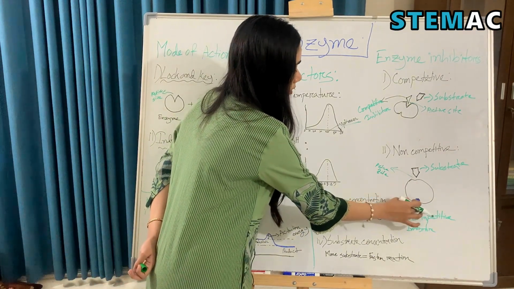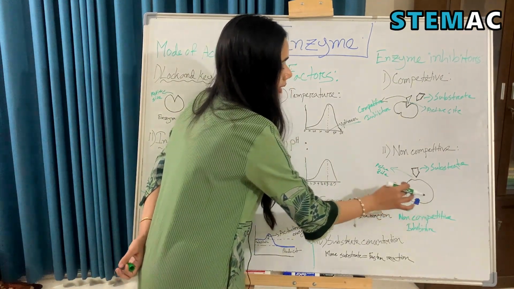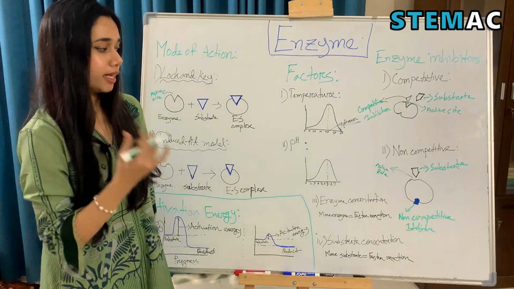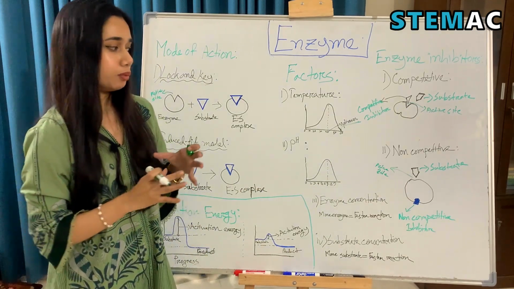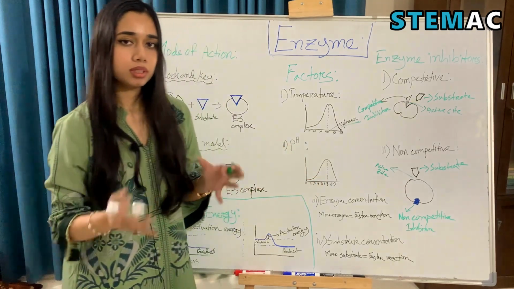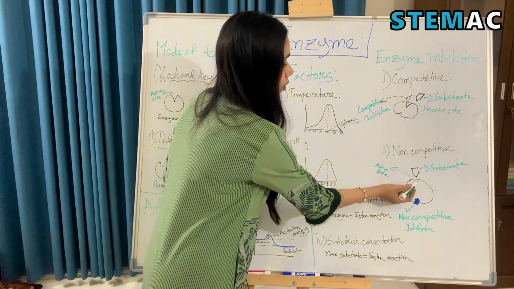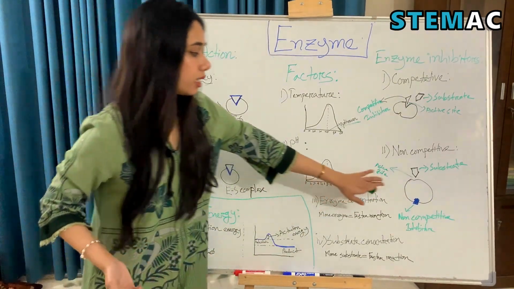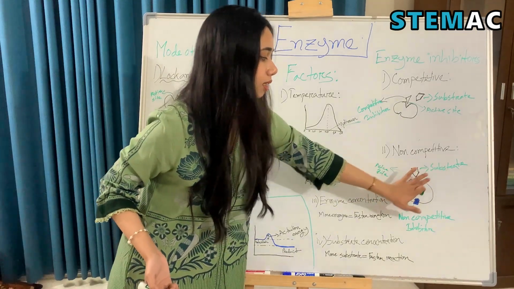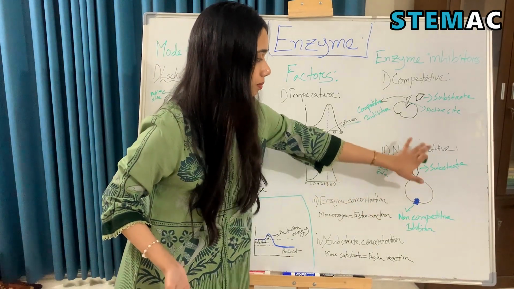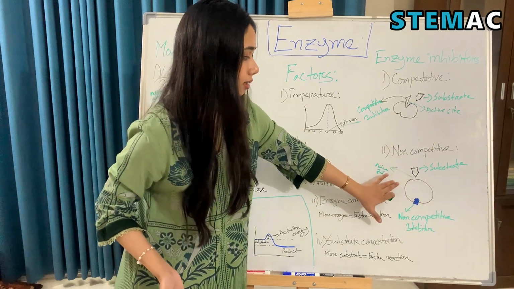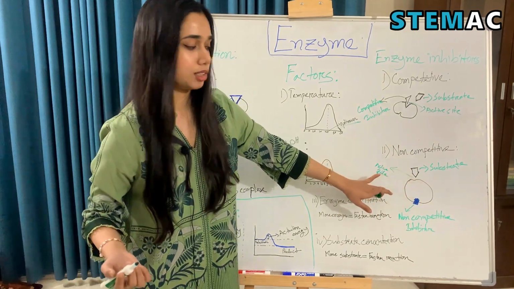Because of this, they can affect the bonds that hold the shape of an enzyme, and with that, the enzyme will lose its shape and the active site will also change. So when the active site is changed, the substrate can no longer bind to it, right? And with this method, they can cause the inhibition of enzymatic action.